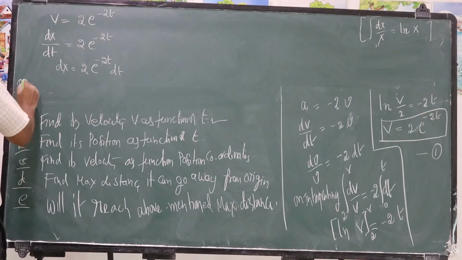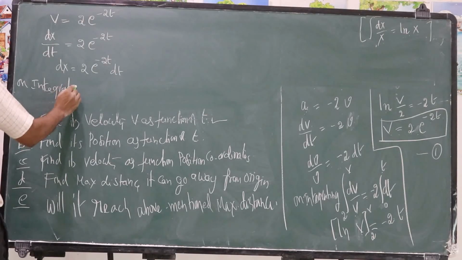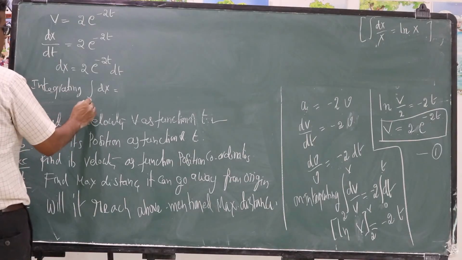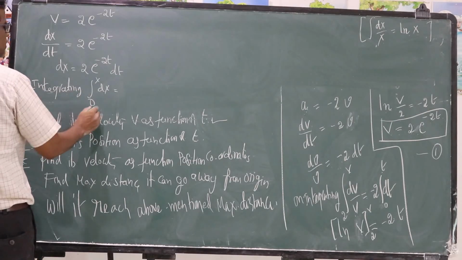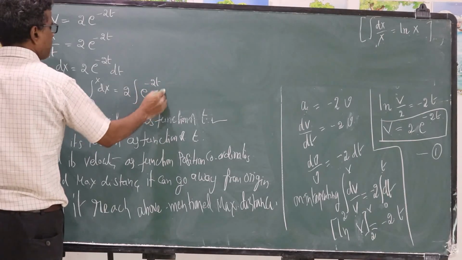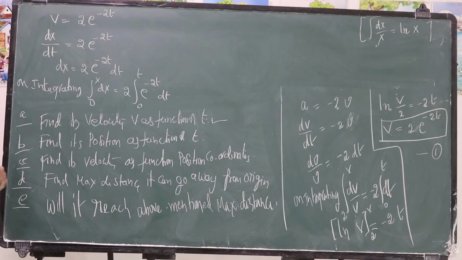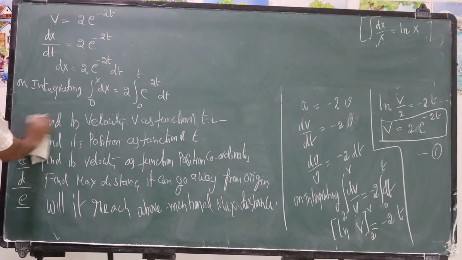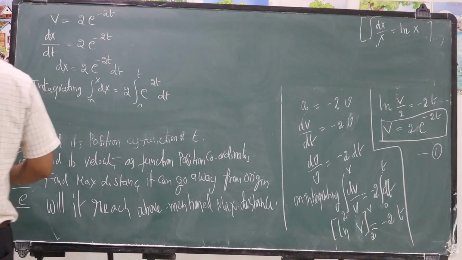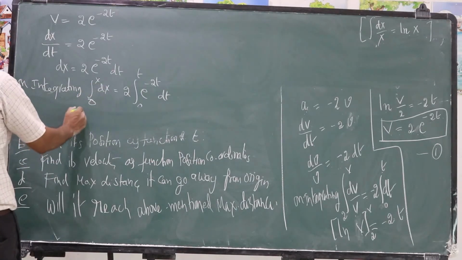On integrating, integral dx with limits 0 to x is equal to integral 2 e to the power minus 2t dt with limits 0 to t. The first one we got the answer. Second one, integral dx is x.